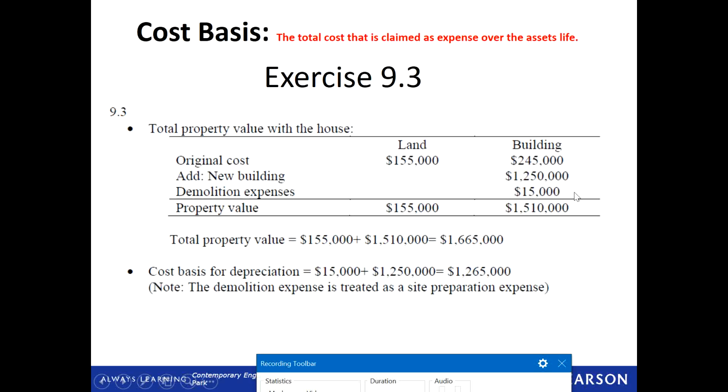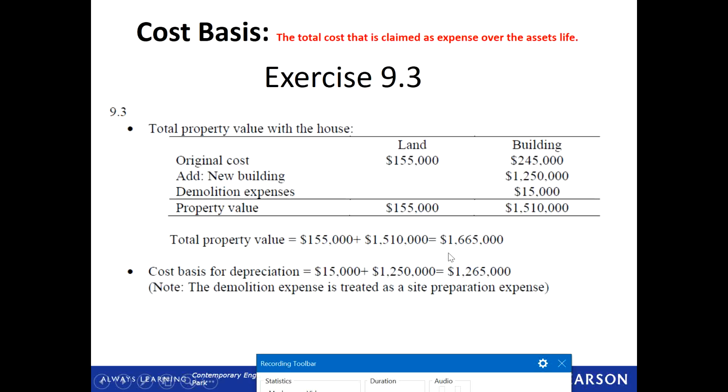So what you are left with is the demolition cost, meaning the site preparation cost, plus the cost of the new building. This is what you should recover in accounting, or depreciate: 15,000 plus 1,250,000. So this is basically the cost basis for depreciation. This is how we do it.